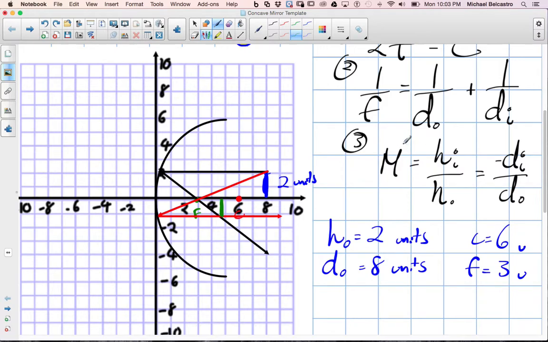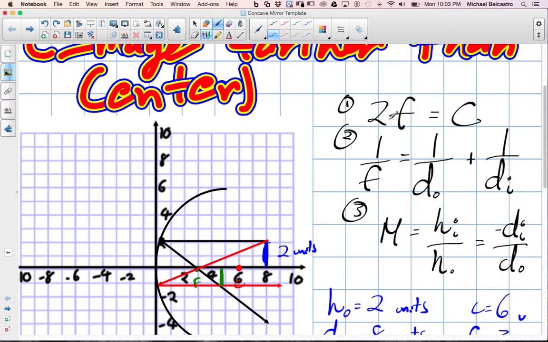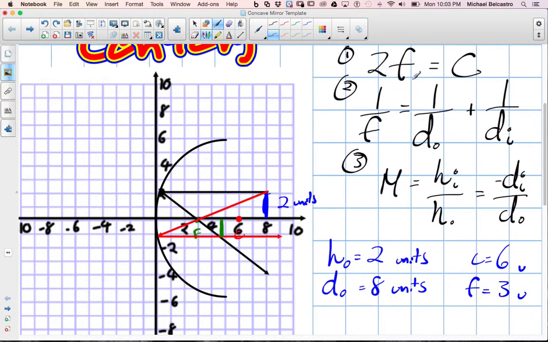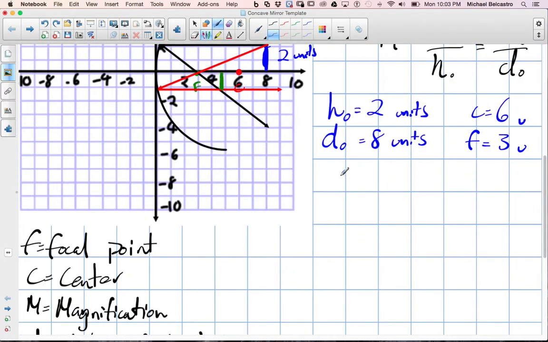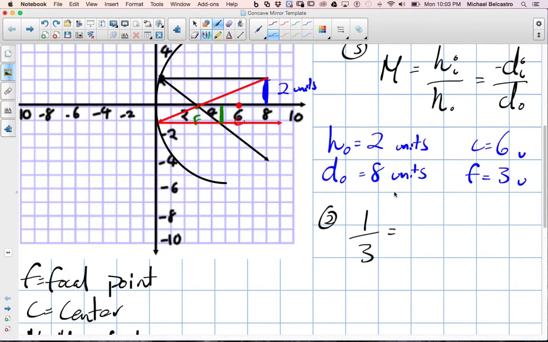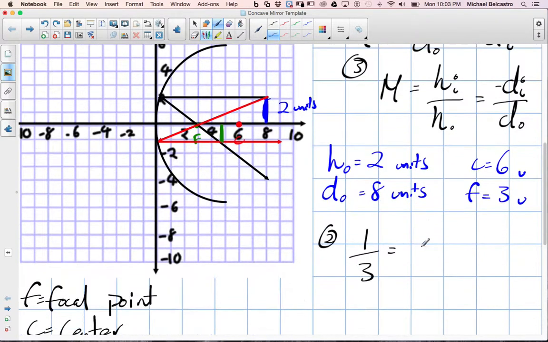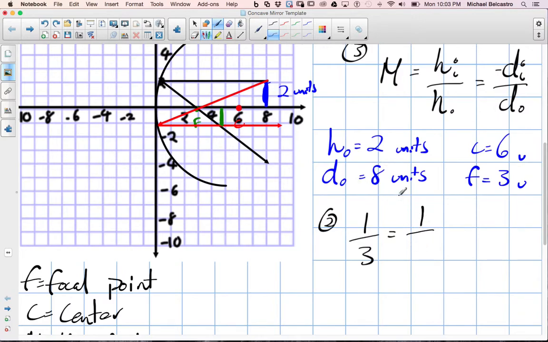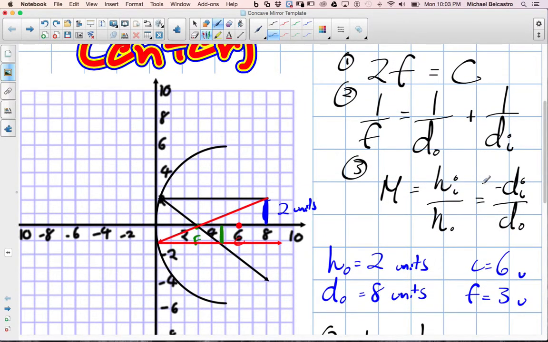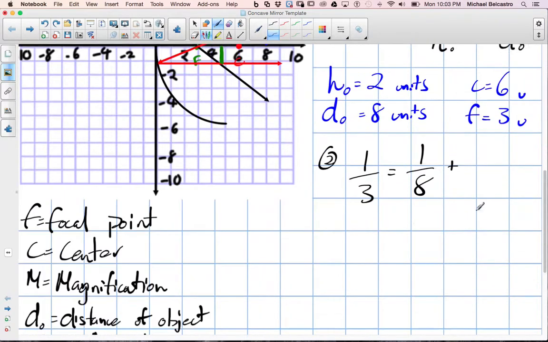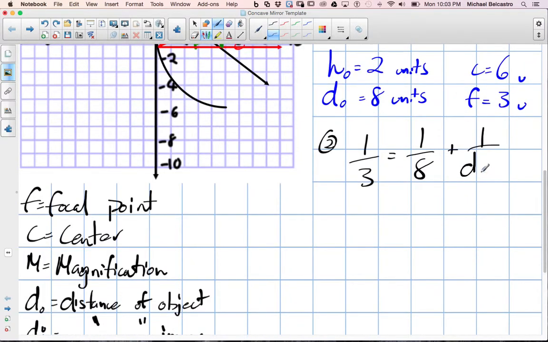So we can actually calculate this information. Formula 1 we already know. The center is 6, the focal point is 3. There's nothing to work with. The second one, we have our focal point. So 1 over the focal point, which we said was 3, is equal to 1 over the distance of the object, which was 8, plus 1 over the distance of the image.